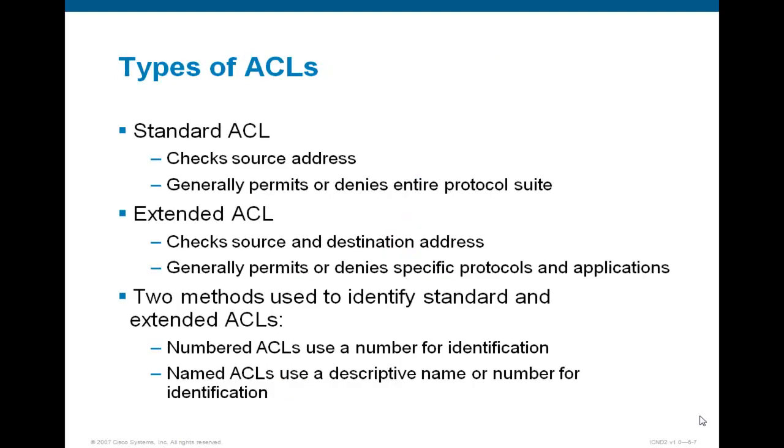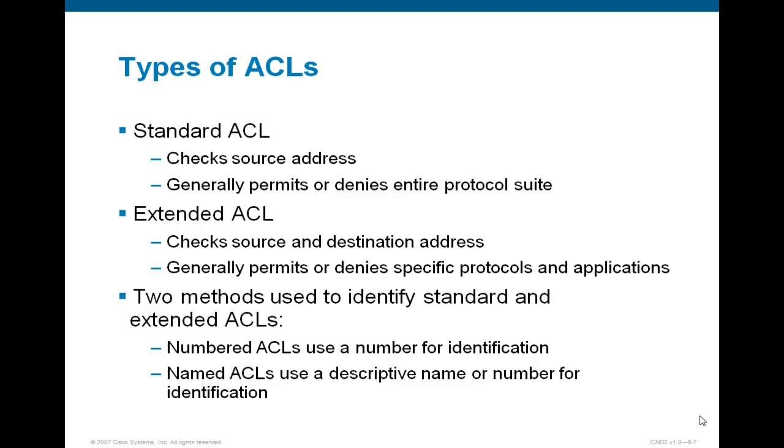Types of access lists. We have two major types of access list: standard access list and extended access list. The standard access list checks the source IP addresses only. Once the source IP address matches, it ties into the permit or deny statement for the whole IP packet.